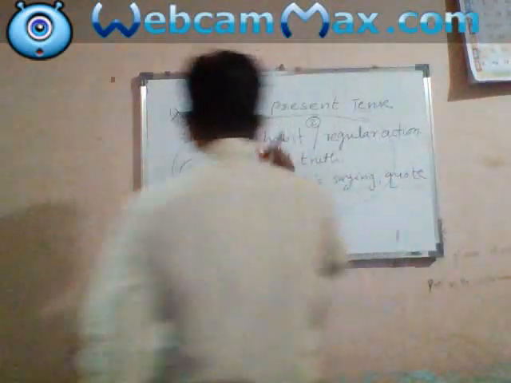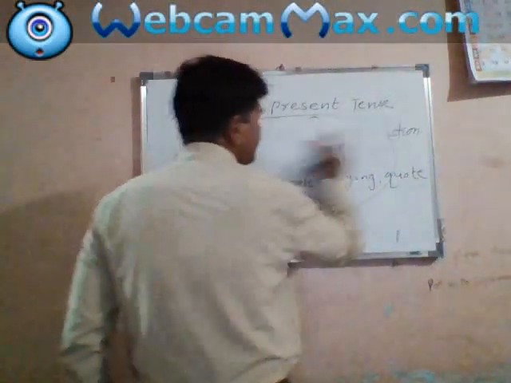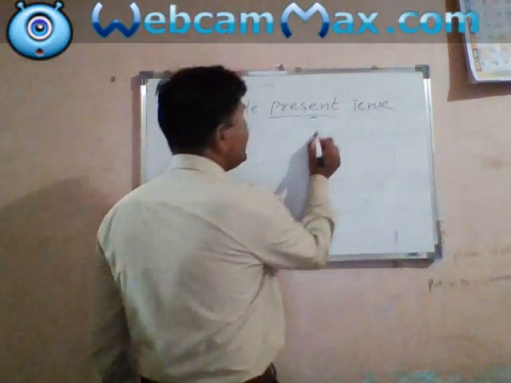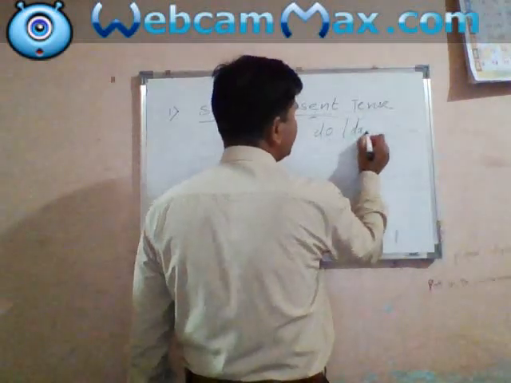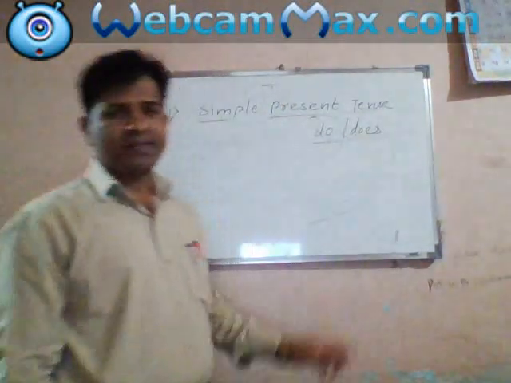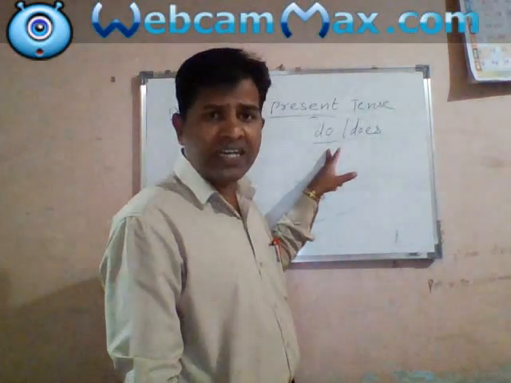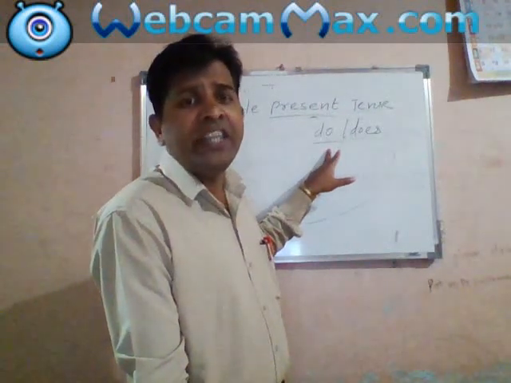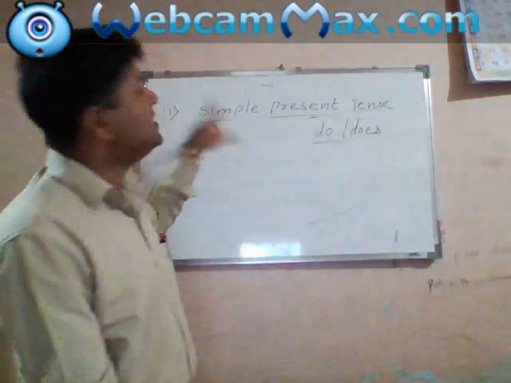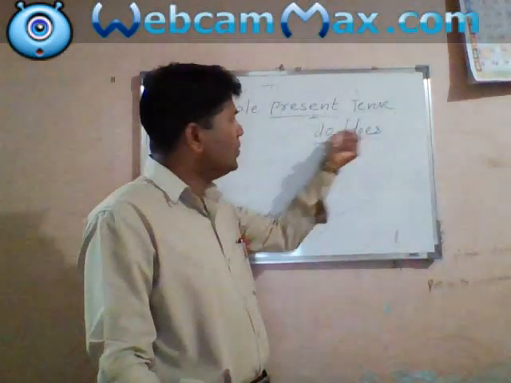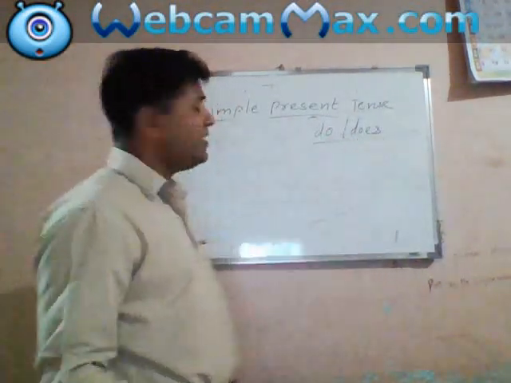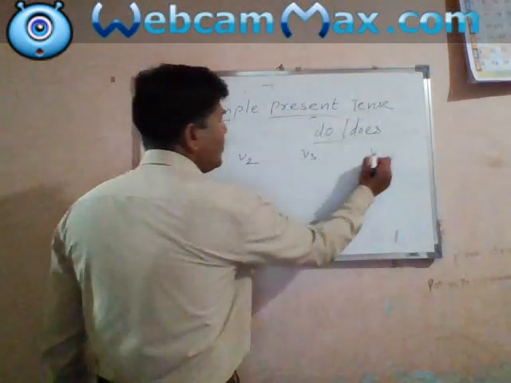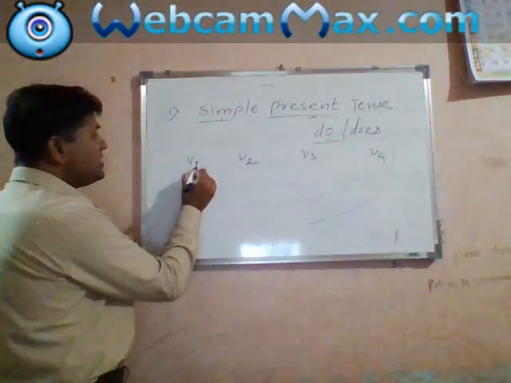Now, you see here, do and does are indicators, or we can say indicative words, used in simple present tense. It means do and does. Now you see here, you know V1, V2, V3, V4. V1 means root verb.